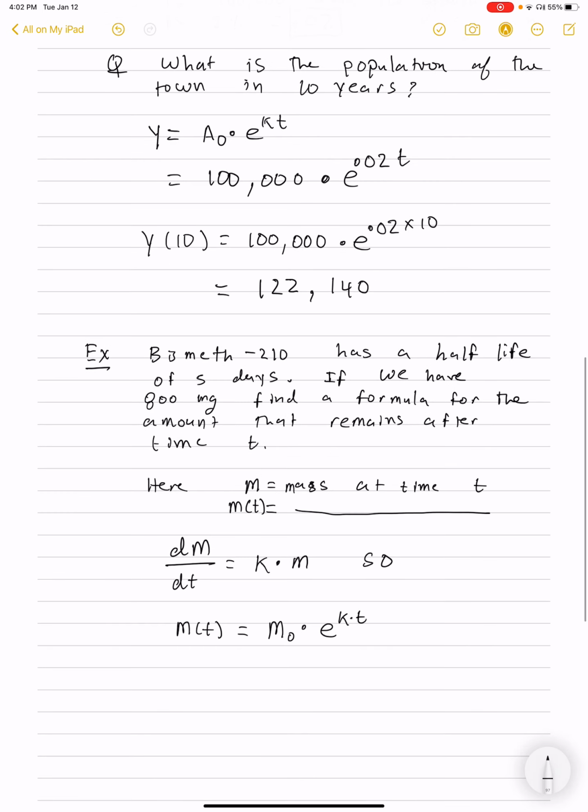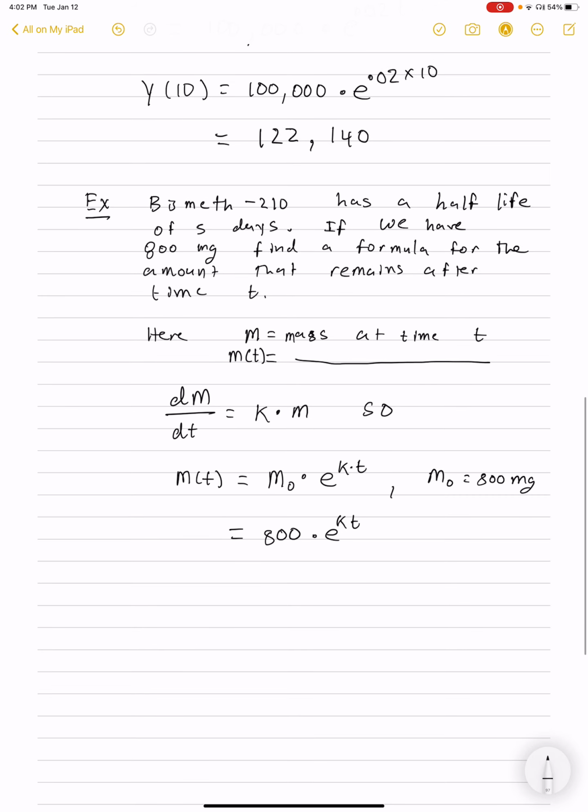We're told that m0 is equal to 800 milligrams. So this is going to be 800 times e to the kt. What we're not told is the value of k. So what is the value of k?